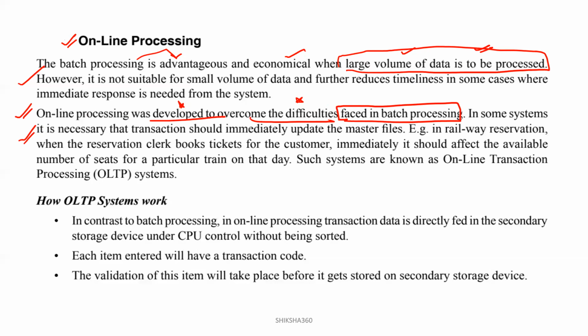For example, in railway reservation, when a reservation is booked for a customer, it should immediately affect the availability of seats for a particular train. Such systems are known as online transaction processing systems, that is OLTP. Kindly remember this point.